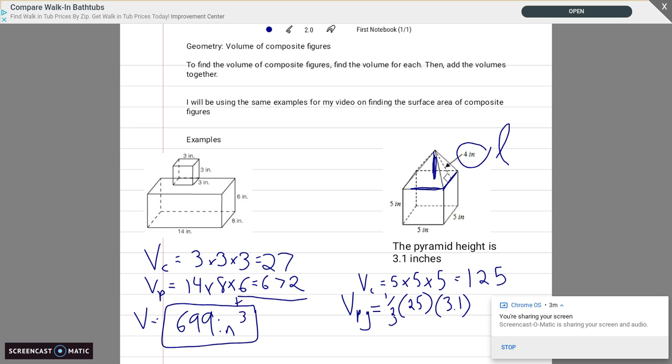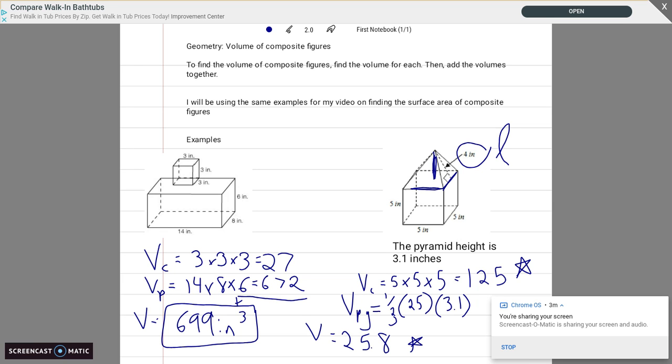And I'm going to get a rather long decimal, 27.83333 repeating. So I'm actually going to round this to the tens place. So my final volume here is going to be 25.8. So now my last step is just to add these two volumes.